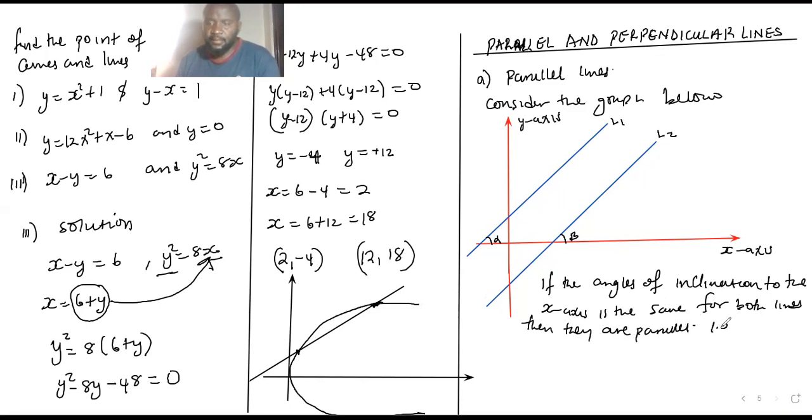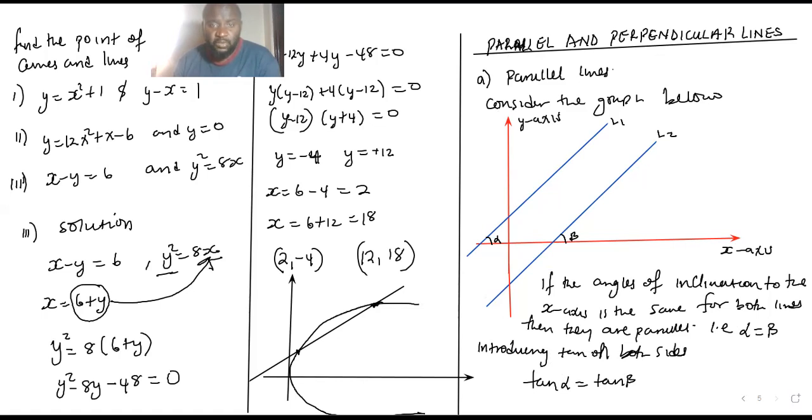That is, alpha should be equal to beta. So if you introduce tan on both sides, you shall have tan of alpha is equal to tan of beta. But remember, the tangent of the angle of inclination to the x-axis defines what?